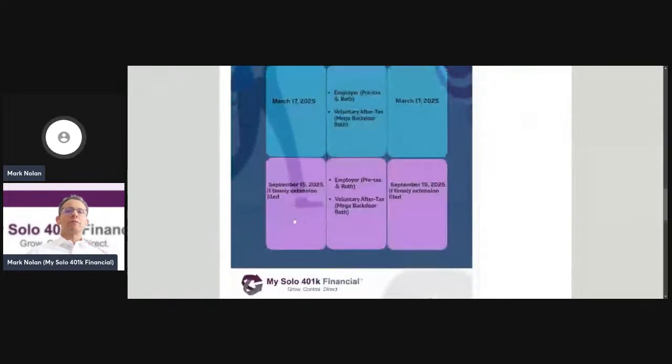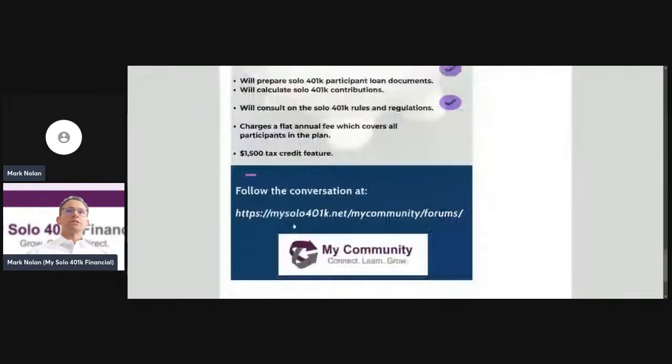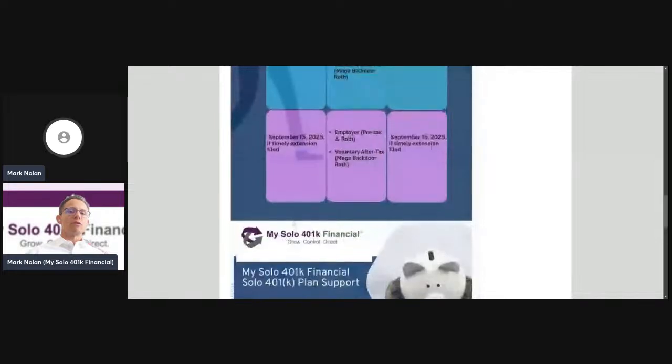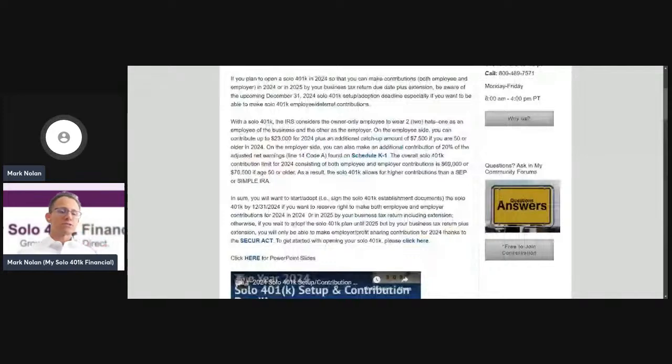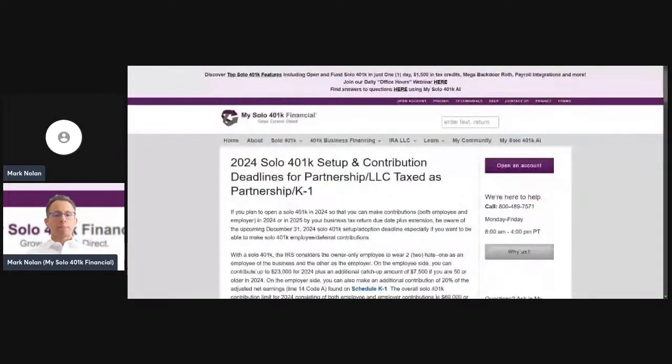So take a look at that. It's got some good information there specific to still qualifying to open a solo 401k plan for tax year 2024 for a partnership so that you can make Mega Backdoor Roth solo 401k contributions.